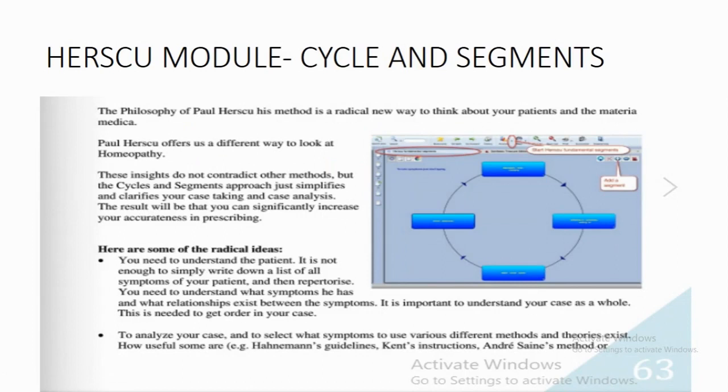Dr. Paul Herscu offers us a different way to look at homeopathy. These insights do not contradict other methods, but this cycle and segment approach simplifies and clarifies your case taking and analysis. The result will be that you can significantly increase the accuracy of your prescribing.